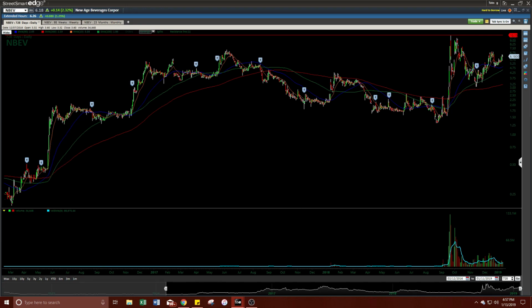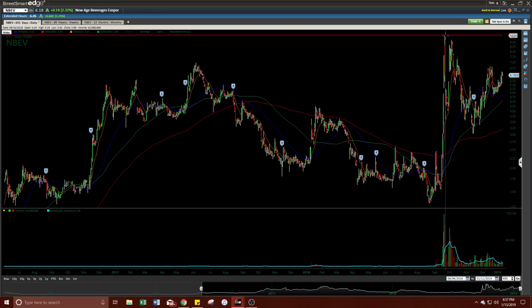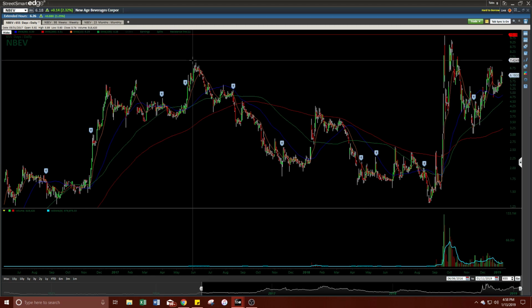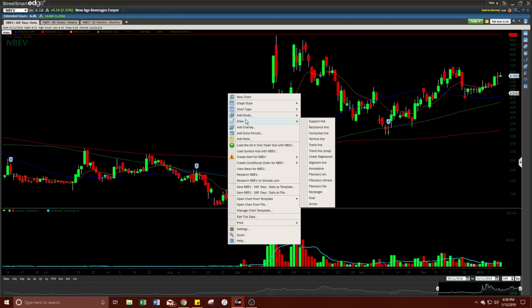If there's a huge volume day at a price, that could be an area of interest. So right here I see a very huge volume day, and the stock traded from 550 up to 780. And then I'll also look to see what the previous high was before this, and it looked to be around 720.